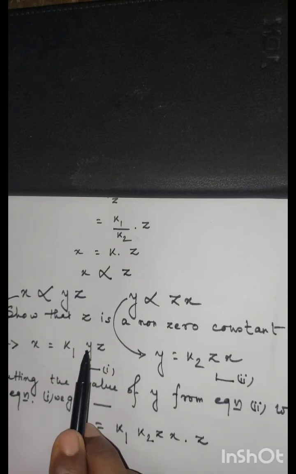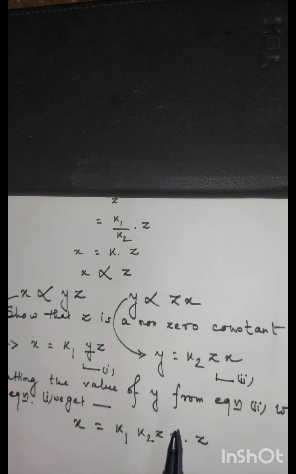So we just replaced y and we get this equation, and if we cancel x from both the sides, as x is not equal to 0, we can cancel it from both the sides.